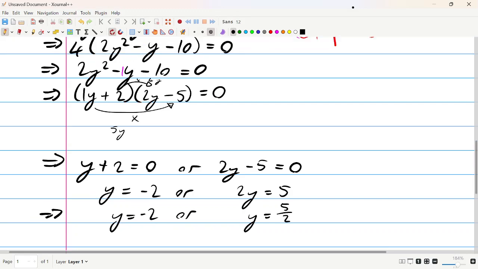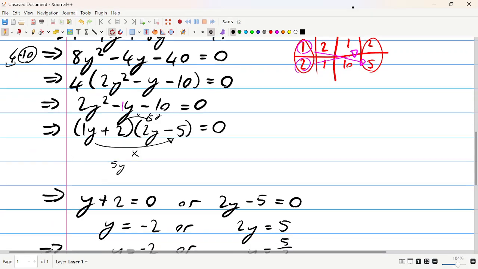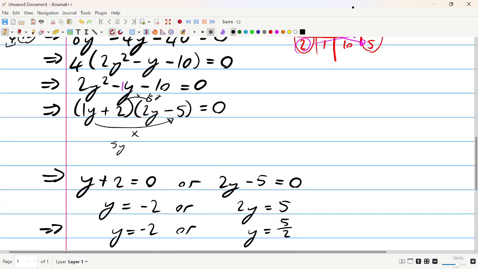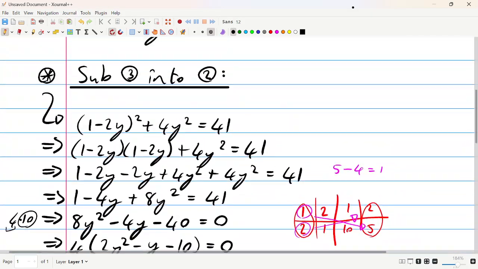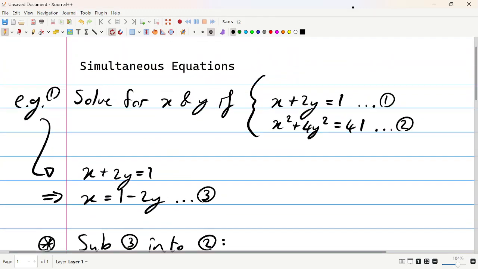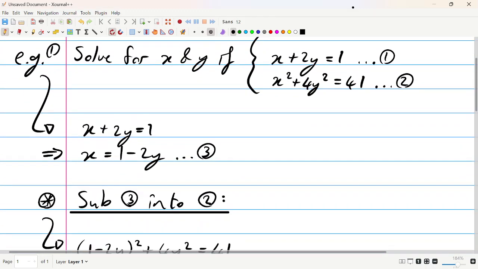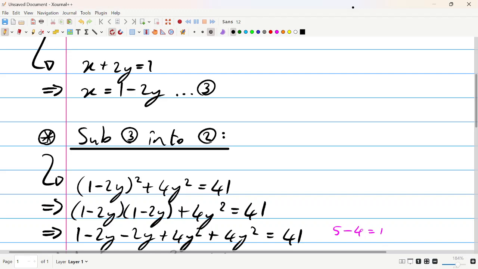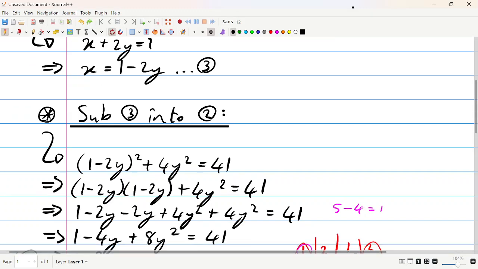Now, in order to get our final answer, remember, our question says solve for y, and then also solve for x at the same time. So how are we going to get x? Well, we can just sub in what we have for y in equation 3, and then we'll get our x value.